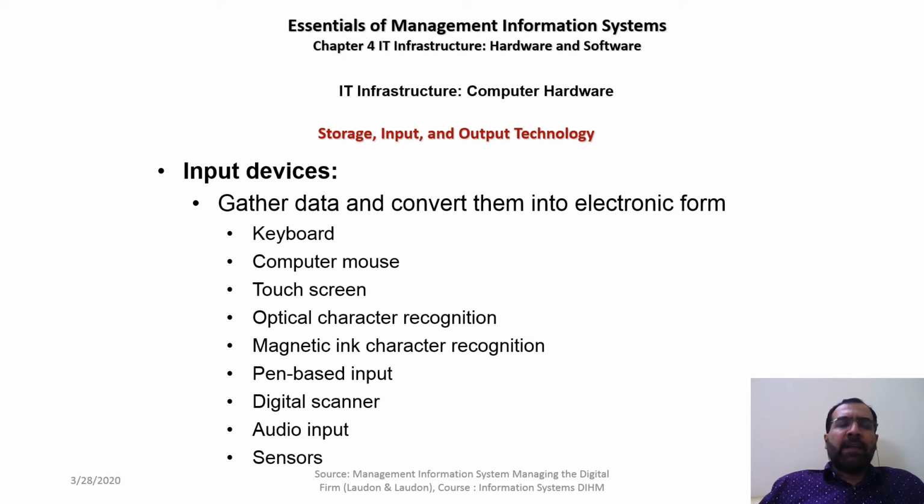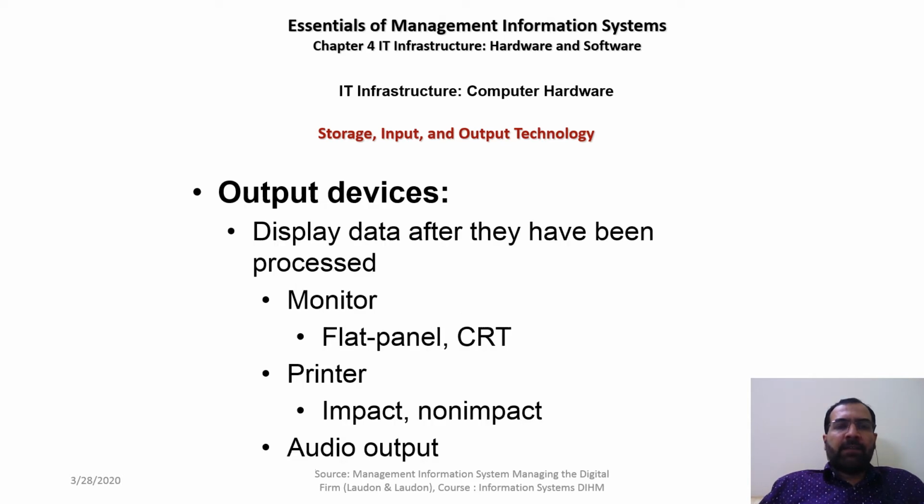Of course, whenever we have systems, we have different kinds of input devices which can be used or connected with our system. Output devices include, of course, the printers, the monitors, and the audio output devices or video output devices, or printers of various kinds.